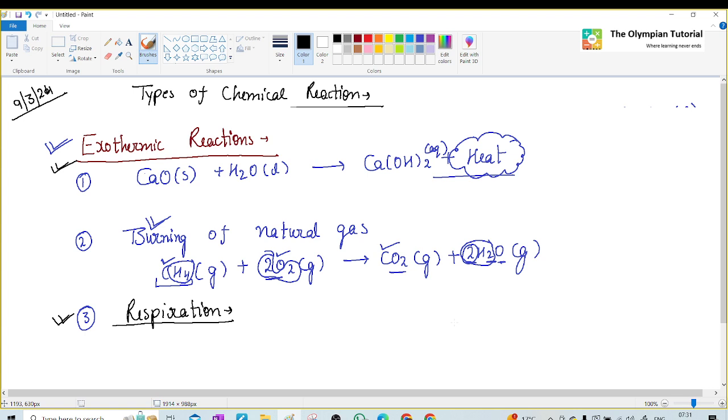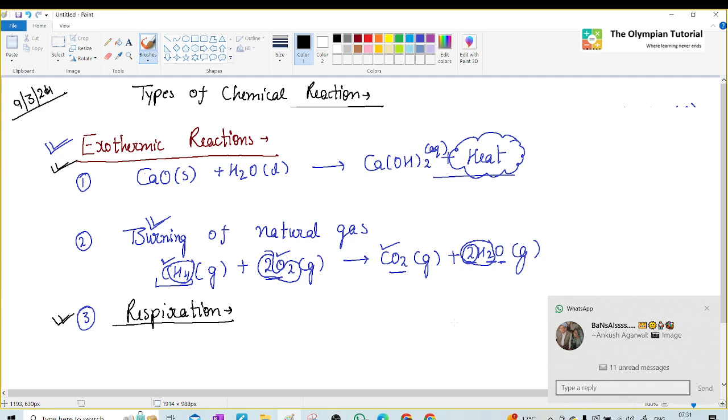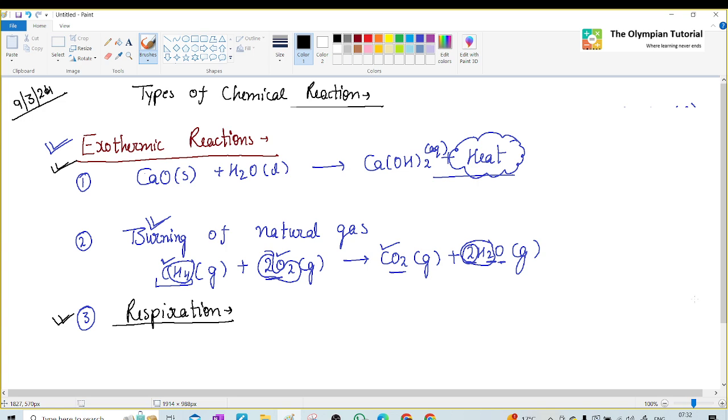For example, rice, potatoes, and bread contain carbohydrates.